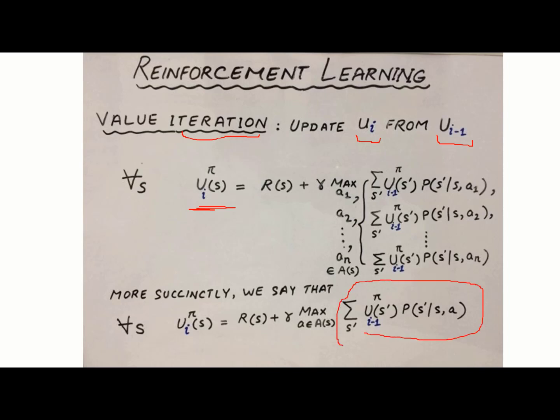That is the expected accumulated reward calculated from the previous iteration. So this is the only thing that we store from the iterations of the algorithm. Obviously, the robot motion model is time independent, and the rewards in the states are also time independent. This gamma is also time independent.